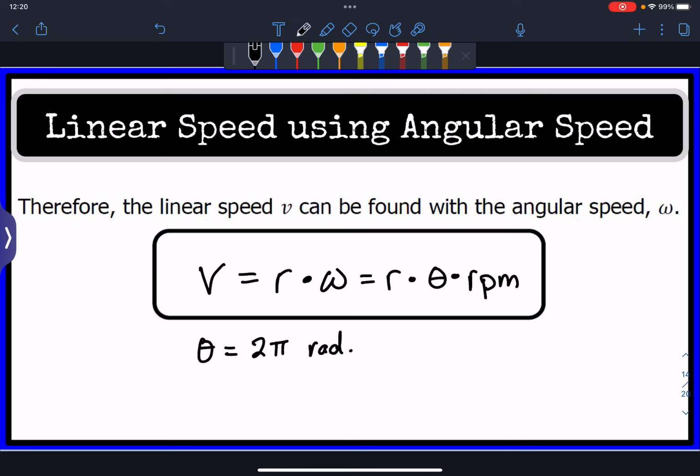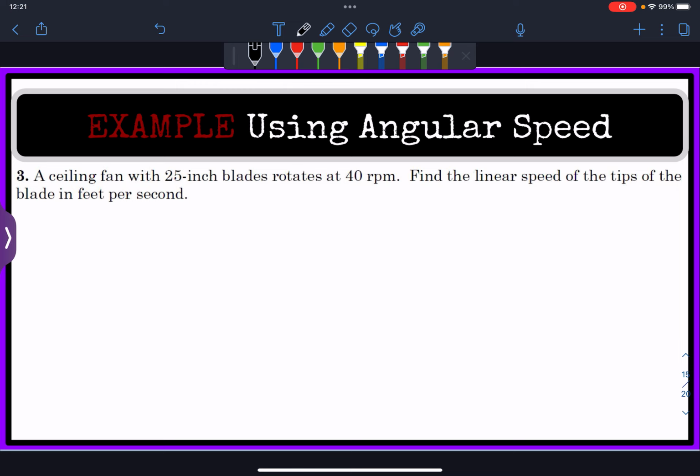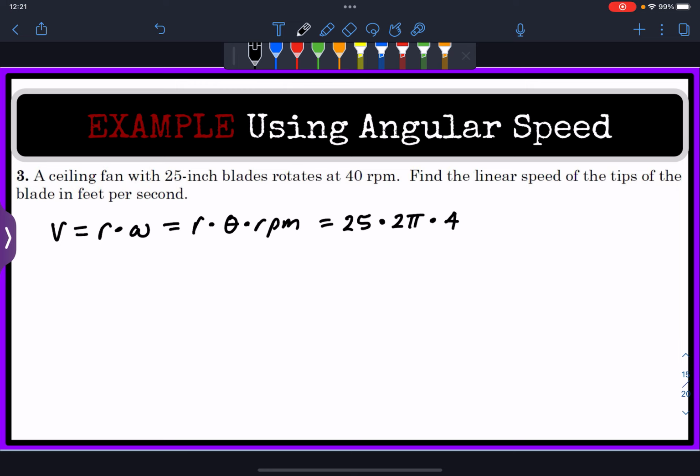So let's look at this example right here. A ceiling fan with 25-inch blades rotates at 40 RPMs. Let's find the linear speed of the tips of the blade in feet per second. Again, our velocity is equal to the radius times omega, which is theta times RPMs. So our answer here would be a radius of 25 inches times our central angle of 2 pi times our RPMs of 40.